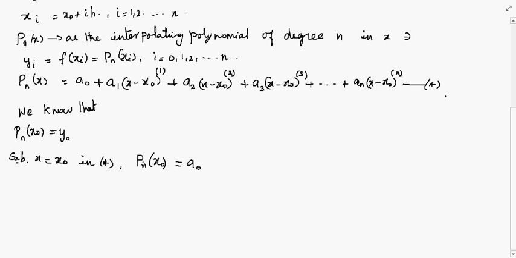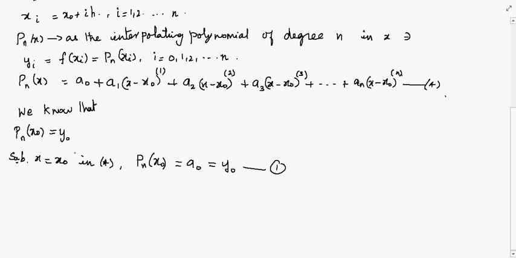So we have Pn of x naught equal to a naught. Just now we found Pn of x naught as y naught, so a naught is equal to y naught. I will take this as equation 1. So we have found the value of the unknown a naught.